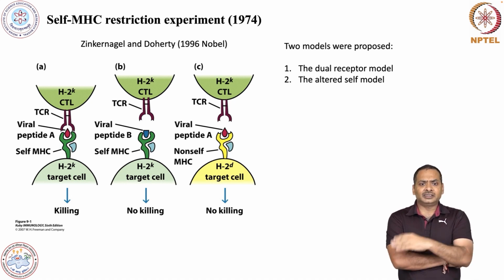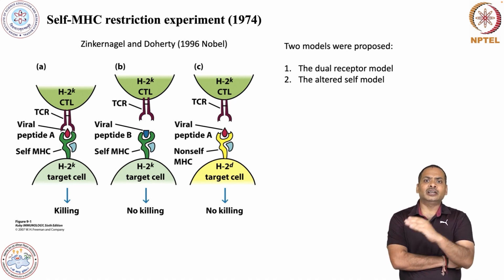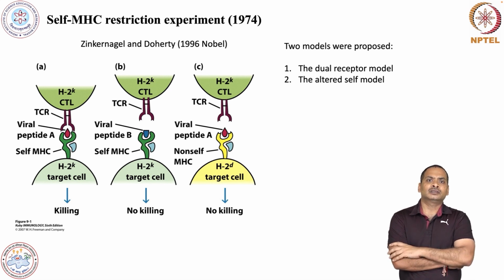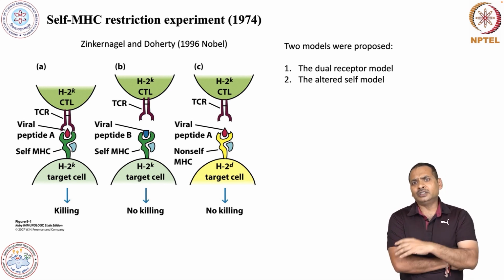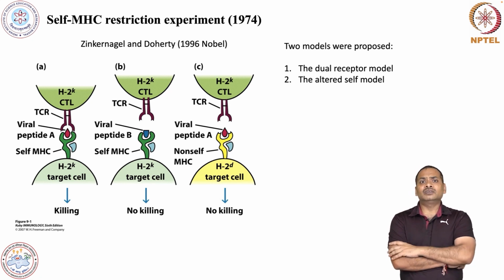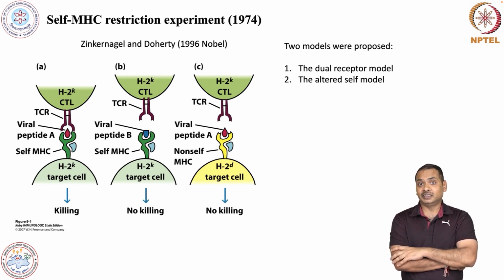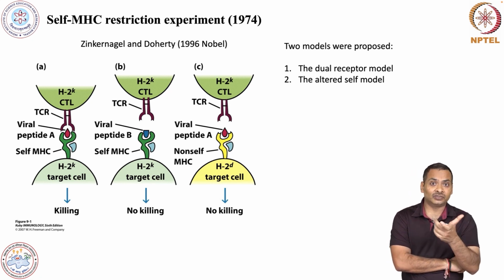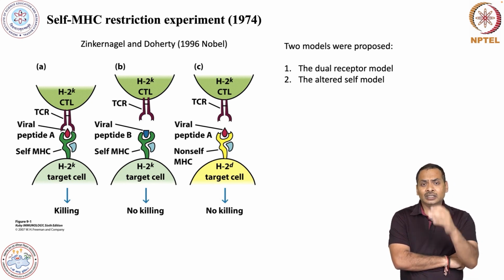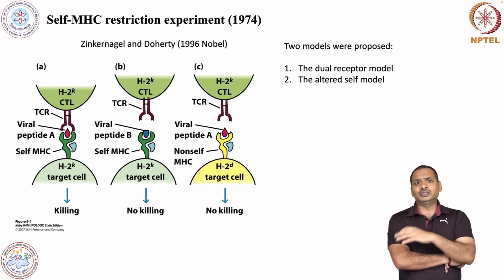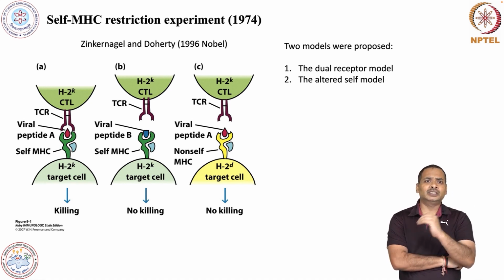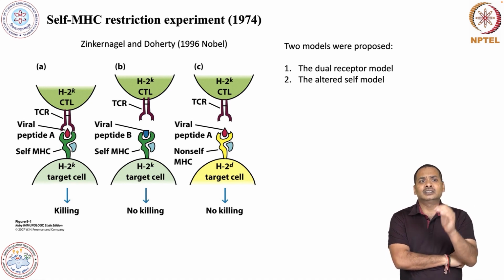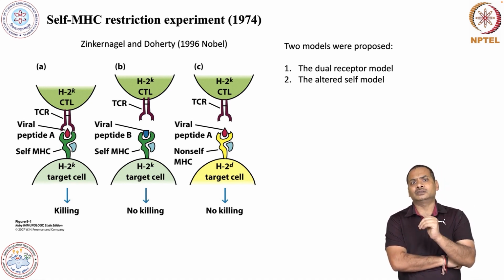In the third case, case C, the MHC is different and the antigen is the same. In this scenario also, the cytotoxic T cell will not kill the target cell, because the MHC is different. Overall, if you see this experiment, you can understand that there is self MHC restriction.